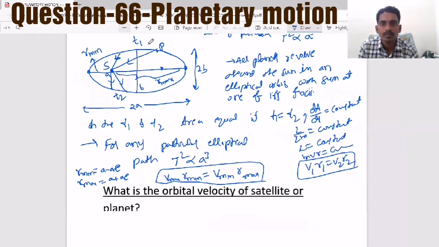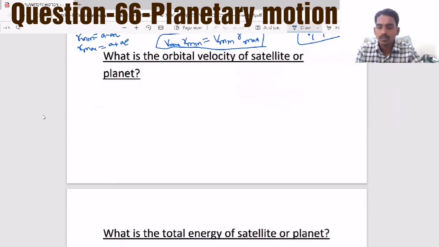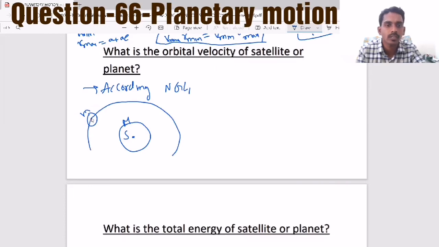The next thing we have to understand is the orbital velocity of a satellite or planet. According to Newton's gravitational law, consider this is the sun of mass M and there is a planet of mass m revolving around it in a circular path.